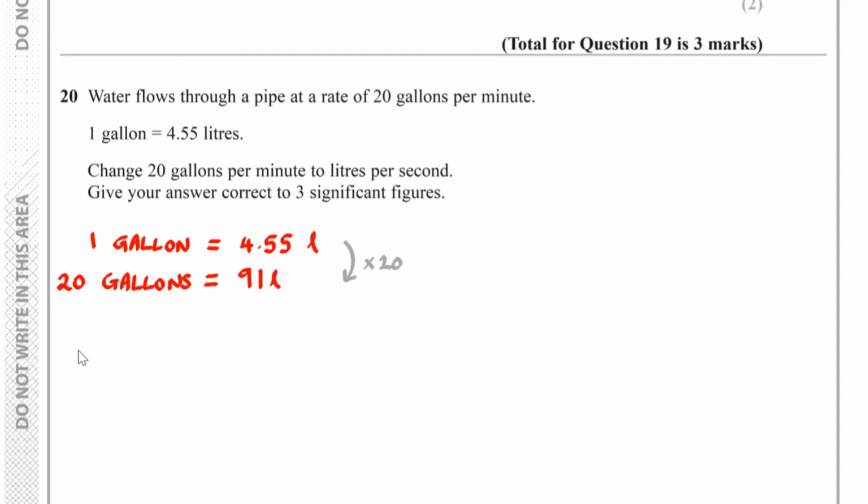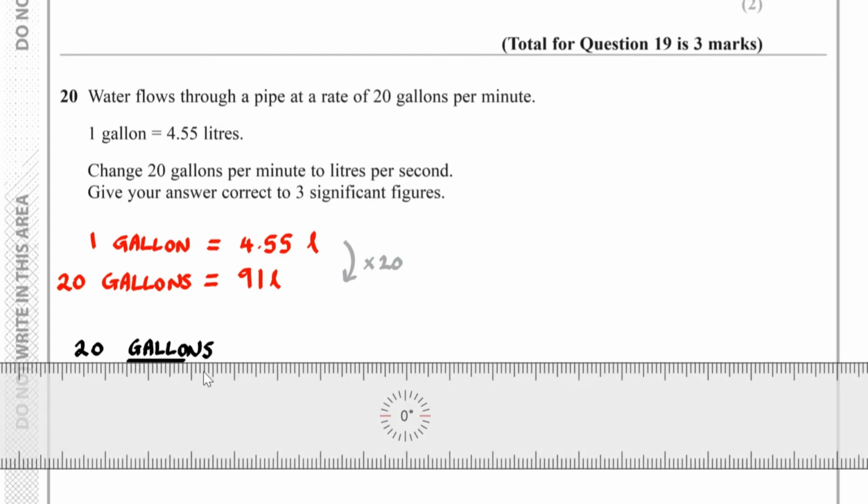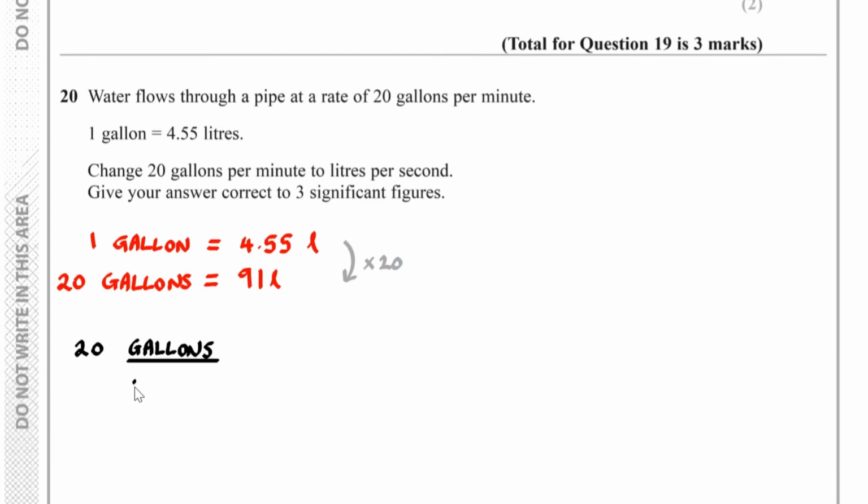So what we need to do is convert 20 gallons per minute to litres per second.